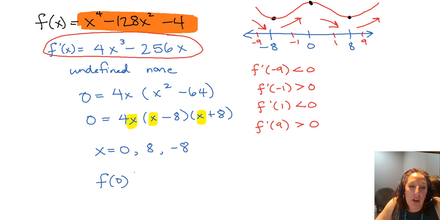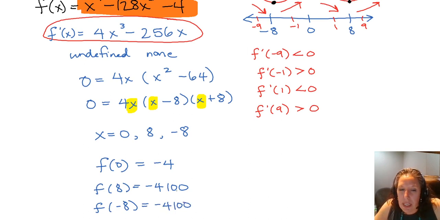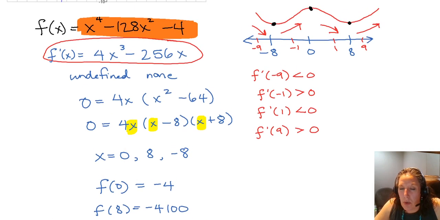If we plug in 0 here, we can see that we get a -4, and if we plug in 8, plugging in 8 gives us a -4,100, and plugging in a -8 also gives us a -4,100.